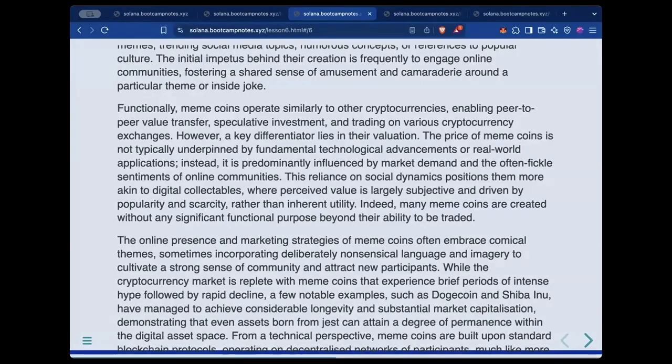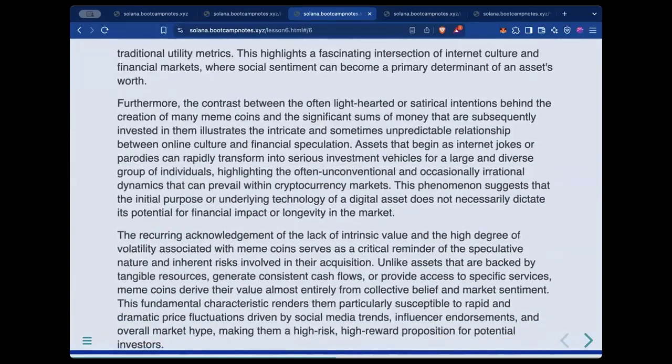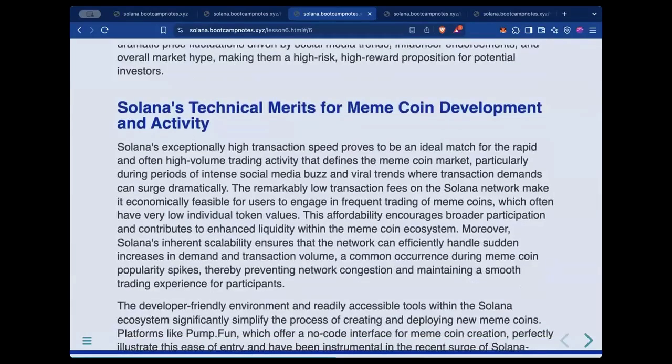They perhaps have less inherent utility. It's more that they are capturing something at the moment, and they are going to increase in value. But there's a lot of marketing around these and communities built up around memes and then around associated coins as well. So yeah, I've got lots of details about meme coins here as well.